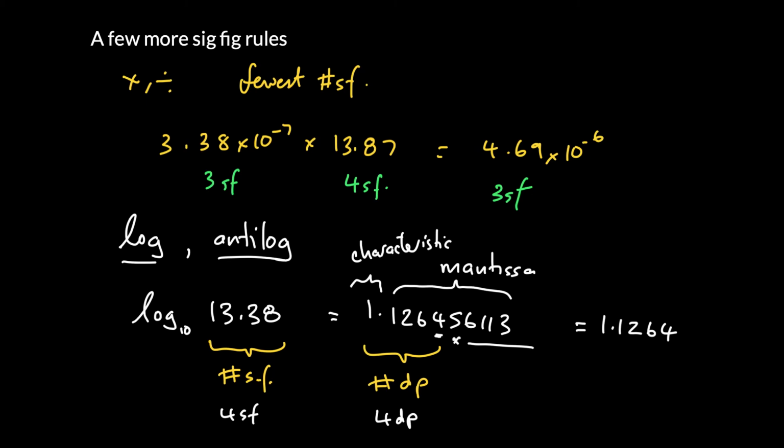But if it was a 2, 4, 6, or 8, we would leave it alone. So we're always going to round to the nearest even number. If it's already an even number, we leave it alone. The rule for rounding that way is just to ensure that half the time when we have a 5, we round up, and the other half of the time we round down. That way we don't introduce a rounding bias.